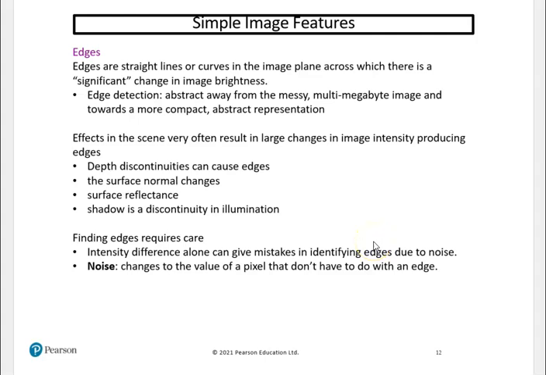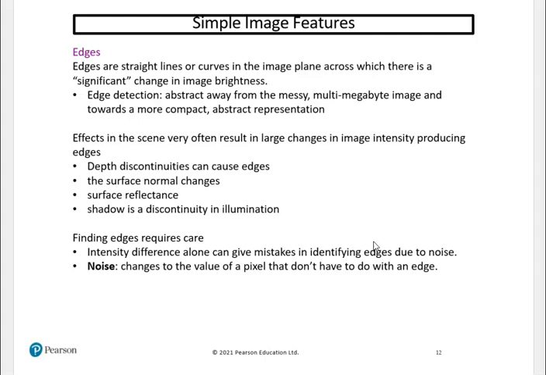Edges in the scene very often result in large changes in image intensity. For example, depth discontinuities can cause edges. Surface normal changes, surface reflectance, and shadow can also cause an edge. Remember, all we're looking for is a change in intensity between 2 adjacent pixels.